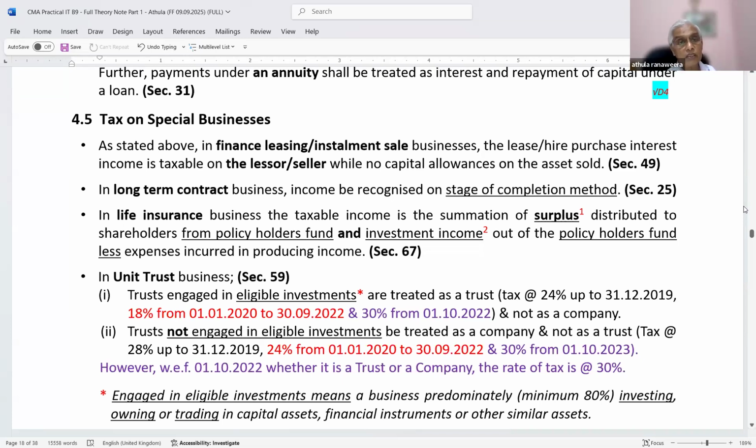We have to assume that they sold it, that the right has been transferred to the other party. We have to assume for tax purposes that they sold it on a credit basis. For the credit they have given, they are getting some interest. Therefore, they have to record the interest income separately.